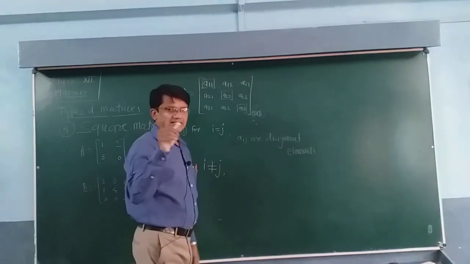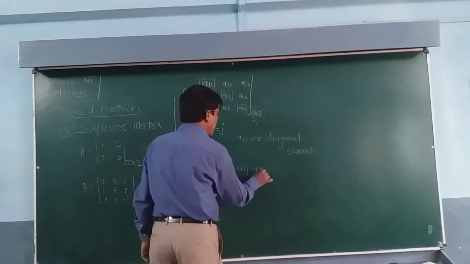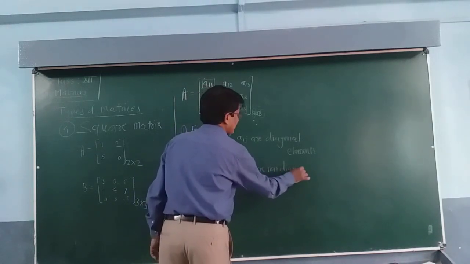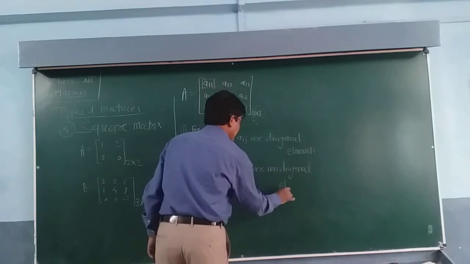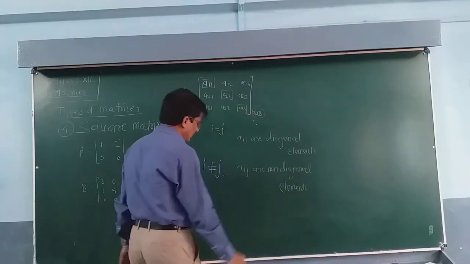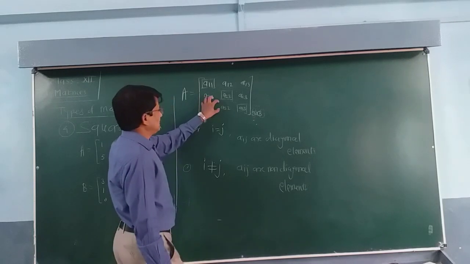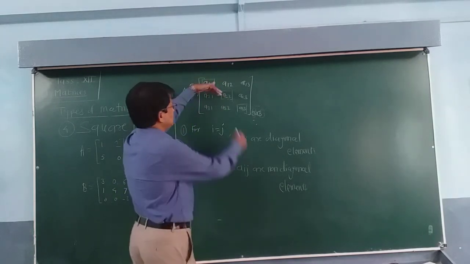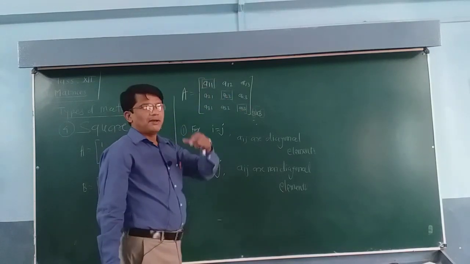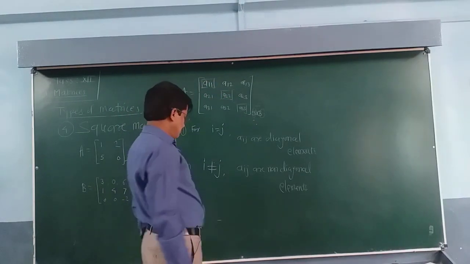Such elements Aij are non-diagonal elements. These are the diagonal elements, and the diagonal elements are called the principal diagonal of a square matrix.